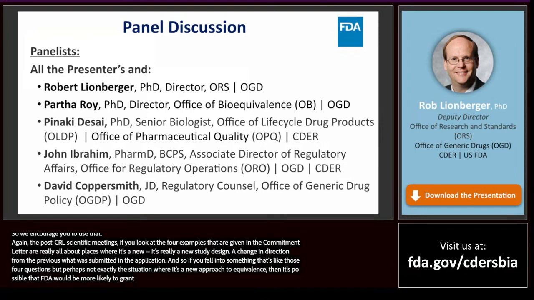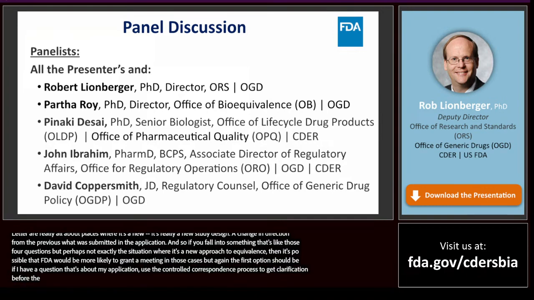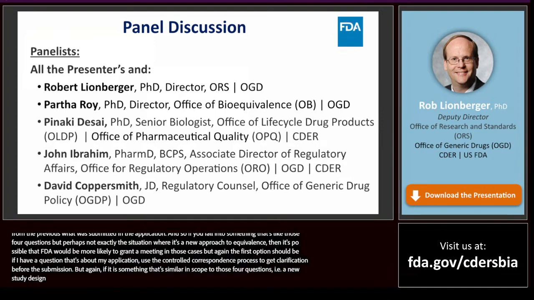But again, the first option should be, if I have a question that's about my application, use the control correspondence process to get clarification before resubmission. But if it is something that's similar in scope to those 4 questions, i.e., a new study design where interaction and discussion about the approach forward would be valuable, then you might consider submitting the meeting request.